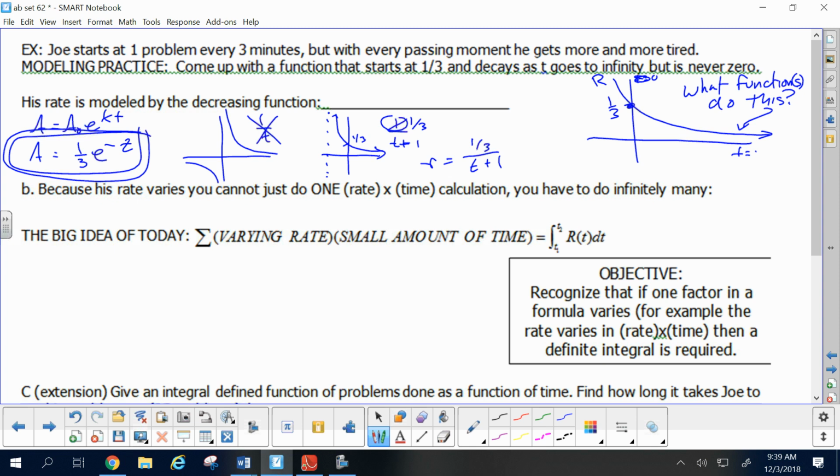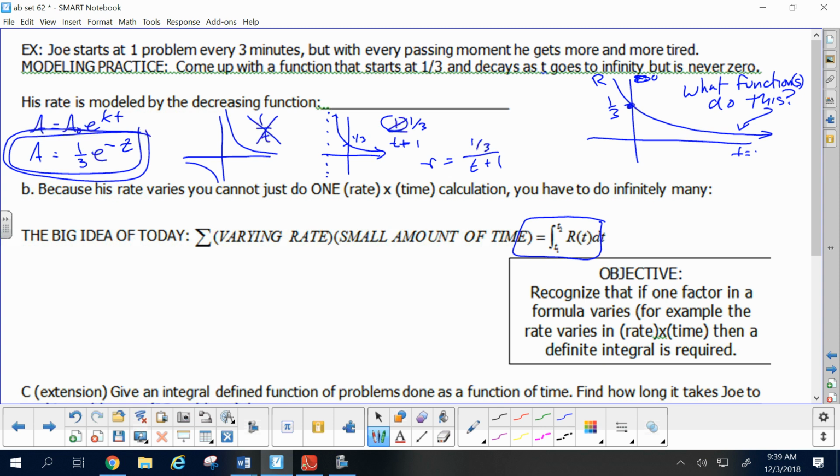All right, now, I think you'll agree that because this rate varies, you cannot just do one rate times time calculation. The rate is constantly changing, so I can't just do 1/3 of a problem per minute times 10 minutes, because the rate isn't 1/3 of a problem per minute. It's constantly decreasing. So we have to break this into infinitely many calculations, yeah? If the rate is changing, then you have to use many calculations.